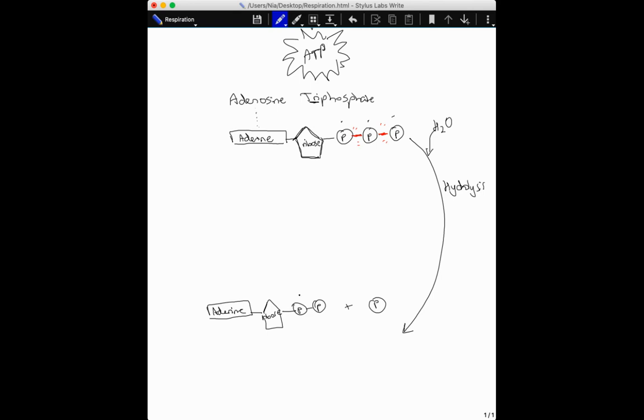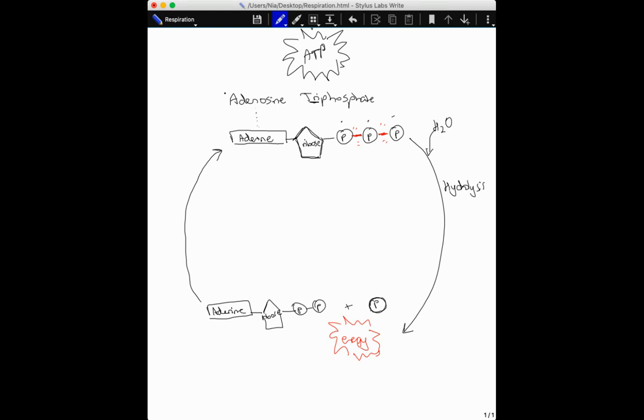And the remaining phosphate is free. So breaking one of those phosphate to phosphate bonds results in the release of a small amount of energy. And that phosphate can be useful. So ATP can be a source of phosphate groups, which will become important later on.